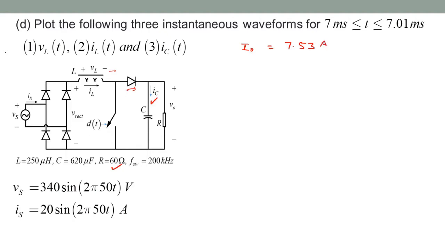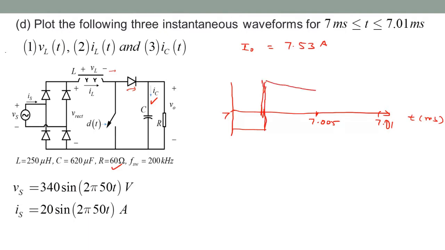Okay. So IC, again positive and negative, this is 7.005, 7.1, and 7.01, and this is t in milliseconds. Okay, so on interval, it's a negative current equal to the load current value. Then it jumps to IL minus I out. Then at the end of the cycle goes back to minus I out again.